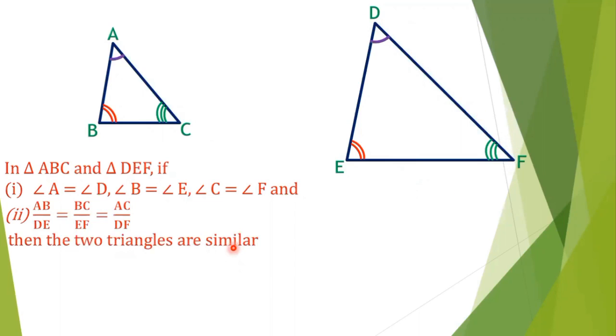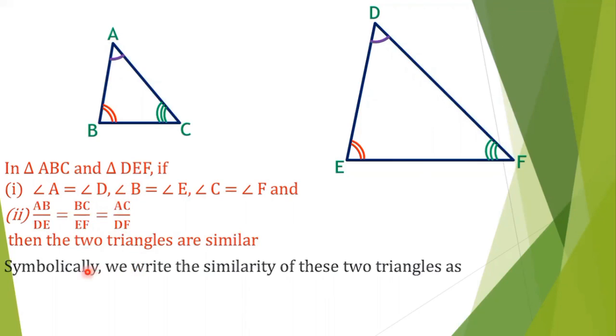Then the two triangles are similar. If all the corresponding angles are equal and the corresponding sides are in proportion, then the two triangles are similar.